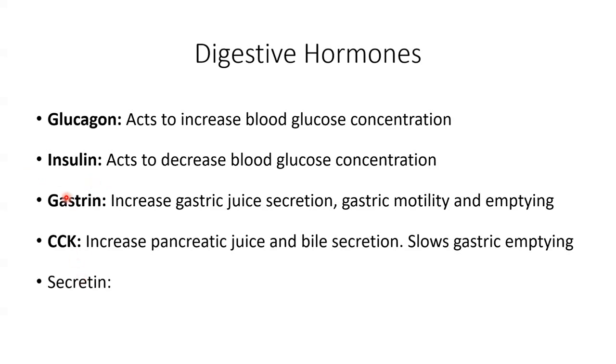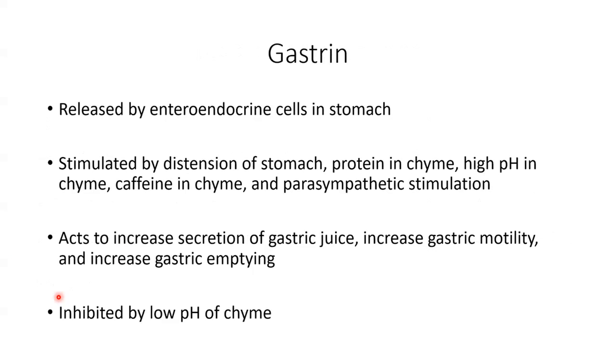The three other hormones that we're going to talk about today are gastrin, CCK, and secretin. If we start with gastrin, gastrin is released from enteroendocrine cells in the gastric glands of the stomach. So gastrin comes from the stomach.